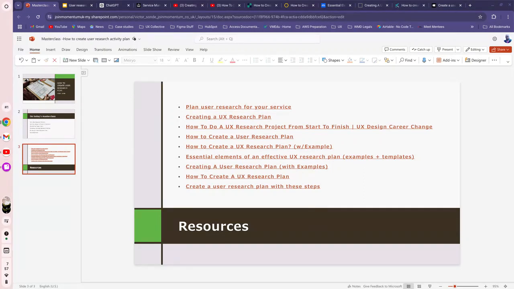With unmoderated research, for example like a Wizard of Oz, you can do that remotely, and a lot of them can join those research sessions without having to leave their homes or offices to contribute to your user research.